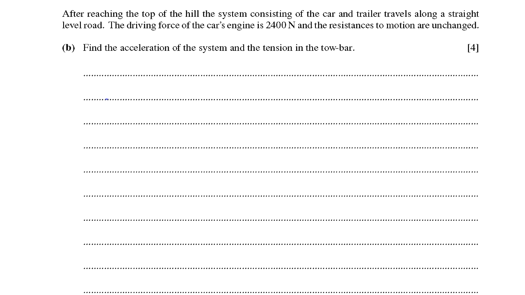All right, so the diagram generally helps. That's almost straight. We have our car pulling our trailer, and we want to understand what's going on with the forces. I'm going to make the tow bar longer so we can see. There is a tension pulling backwards on the car. There is a driving force, which they tell us is 2400.